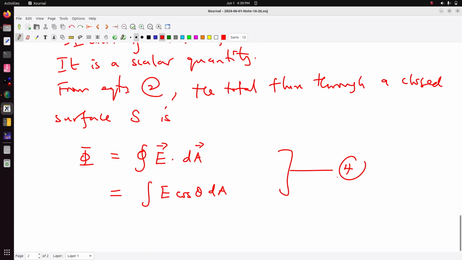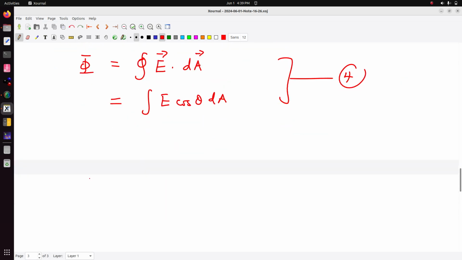Okay, so from this equation 4, we can reduce it further if we know that the electric flux is constant.